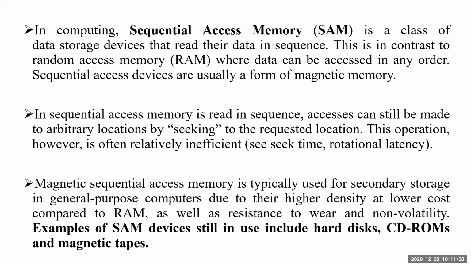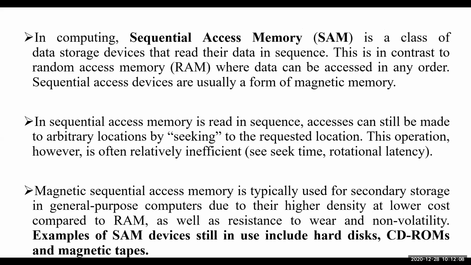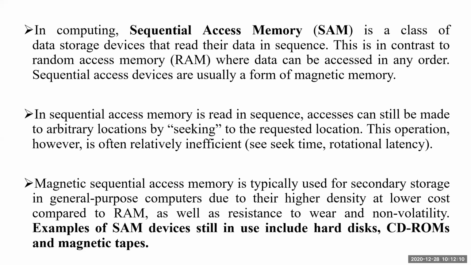This serial or sequential access can be done in two ways: one is normal reading or writing of data in a serial manner, and the other is in a magnetic way, which we call magnetic SAM, a magnetic serial access memory or sequential access memory.